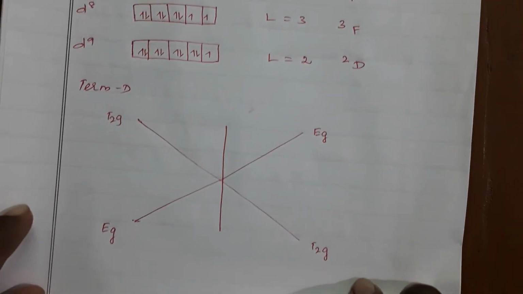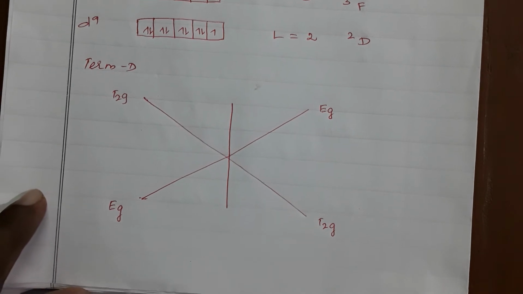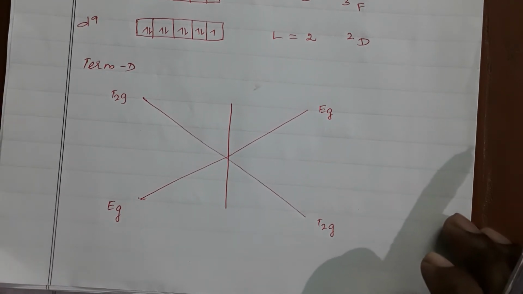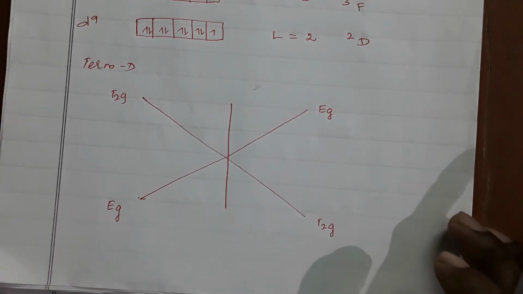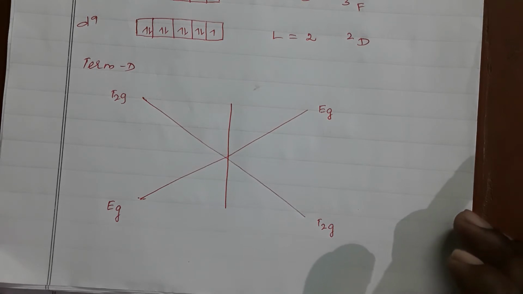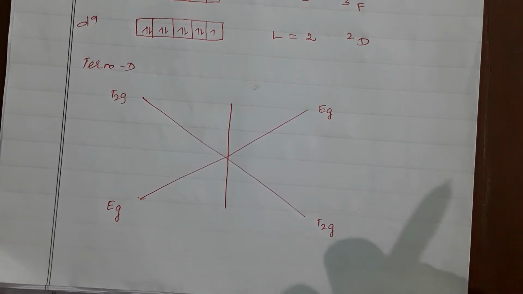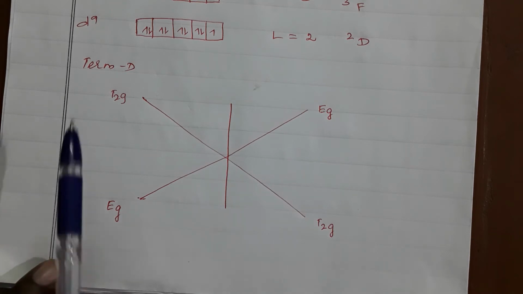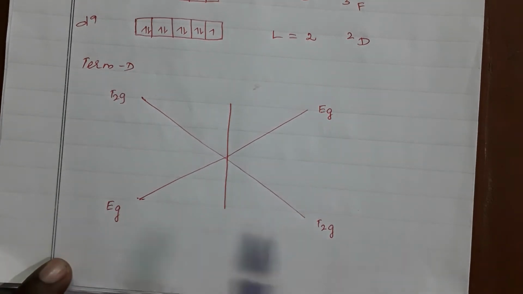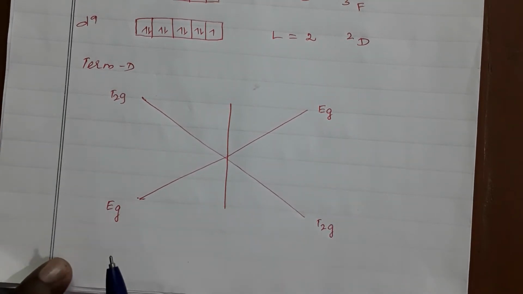For the D term, we know that the d orbital has a set of five orbitals. In the presence of ligands, the d orbitals split into two categories, T2g and Eg. So in the Mulliken symbol, the D term equals T2g and Eg.